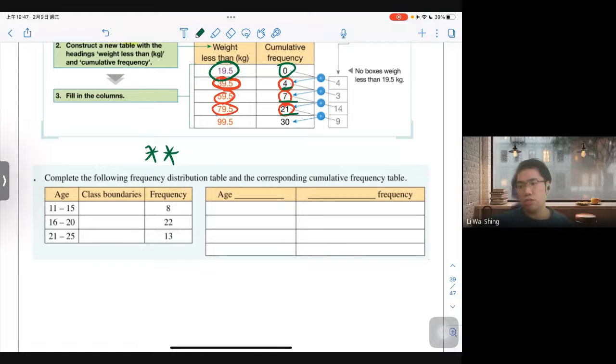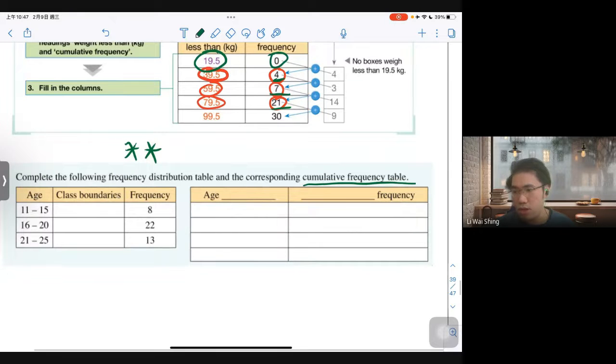Okay, if no question, then try to do this question first. Try to do this question as a roundup. Draw the cumulative frequency table. So, first of all, the left column, age less than, and here you will have the cumulative frequency. Okay, so please do it.